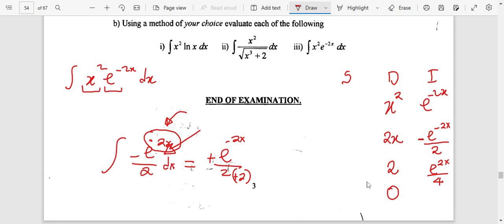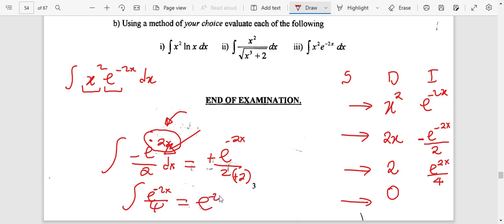All right. And then again, because we want to reach the same level, I've got this line, you've got this line. So where there is a 0, it needs to integrate. So I'm also going to integrate e to the power 2x over 4. Still differentiate the power, negative 2. So I'm going to write e to the power negative 2x over 4.